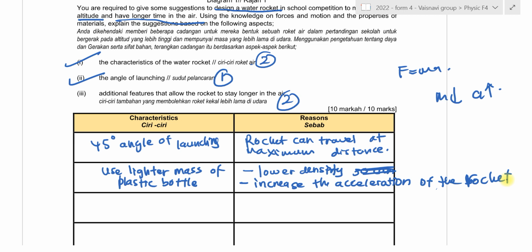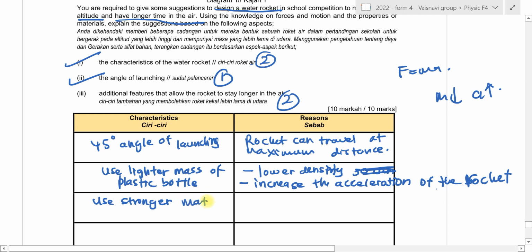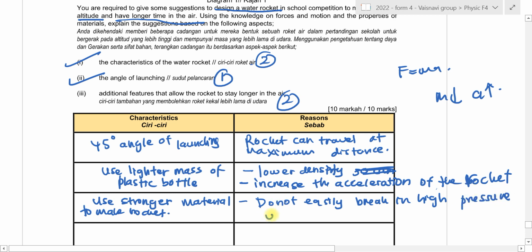So use a stronger material, betul tak? Stronger material. You bagi tahu macam tu je. Tak perlu bagi tahu apa-apa semua. Just give a general idea. Use stronger material to make rocket. Okay. Why stronger material? Reason dia lagi funny. Easy saja. Do not easily break. Okay. Do not easily break in high pressure, or also when landing.